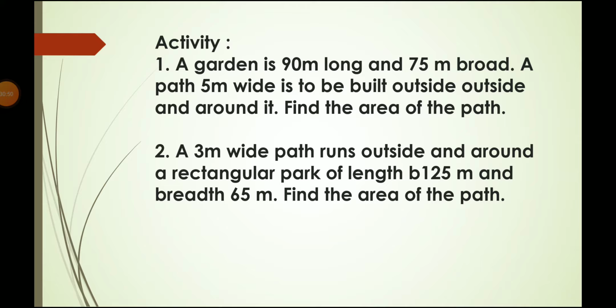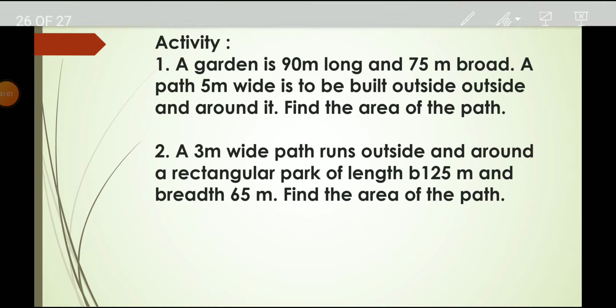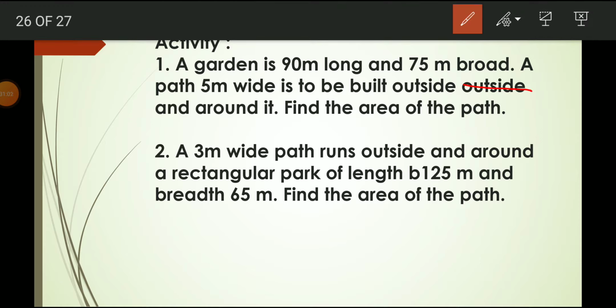See the activity based on these two sums. A garden is 90 meter long and 75 meters broad. A path 5 meter wide is to be built outside and around it. See the word outside, and around it. Find the area of the path.